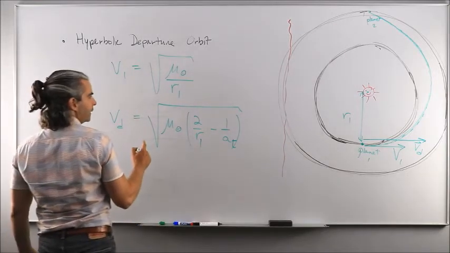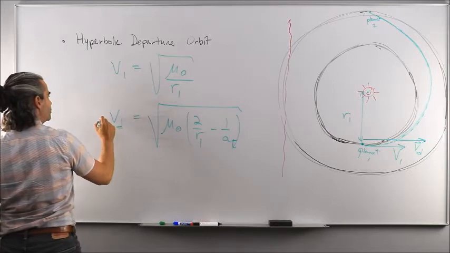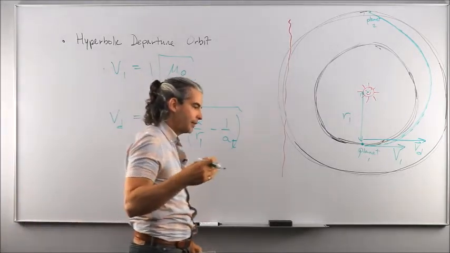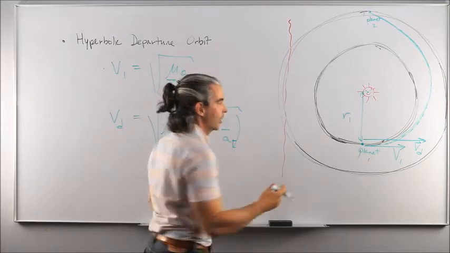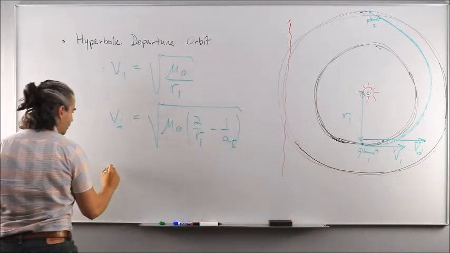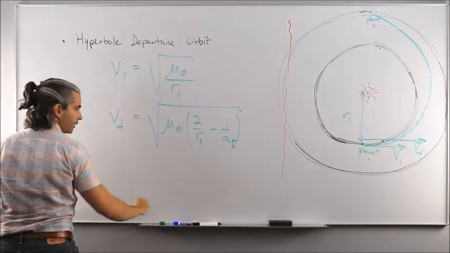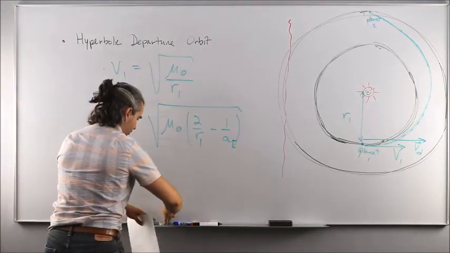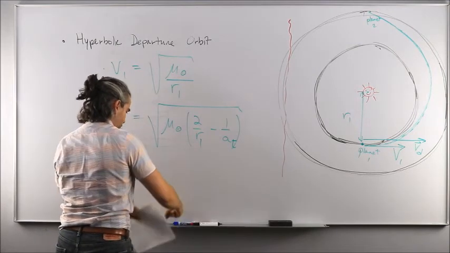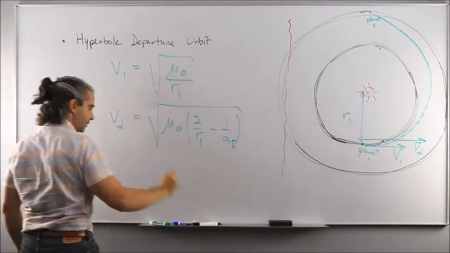Such that the difference in those two speeds will give you the speed that the spacecraft needs to have in excess of the planet speed around the sun. And this will be denoted by, let's use another color, because those two speeds were with respect to the sun.